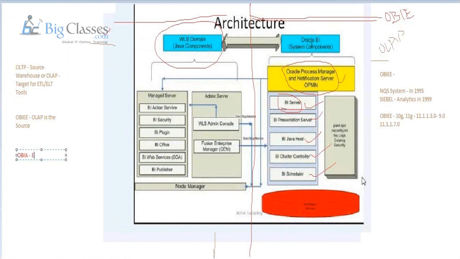In these business intelligence applications, Informatica is the ETL tool, and the reporting tool is OBIEE. This is a package. In this package, Informatica is an ETL tool, and OBIEE is a reporting tool.